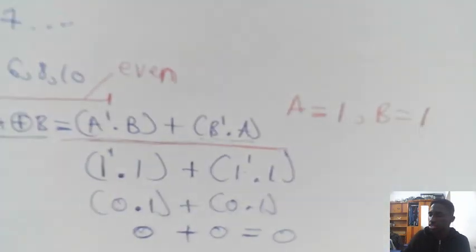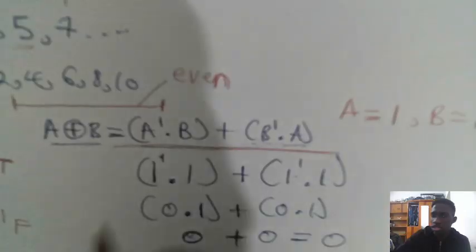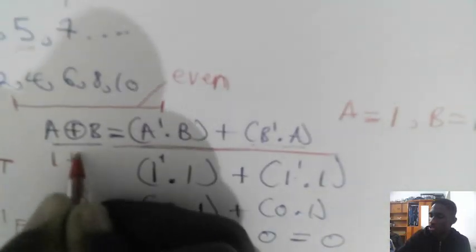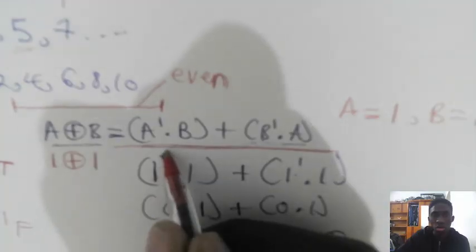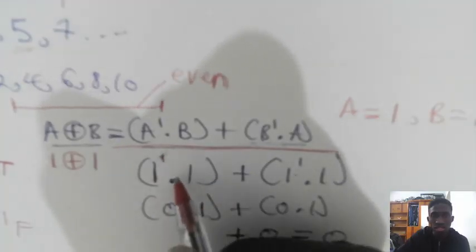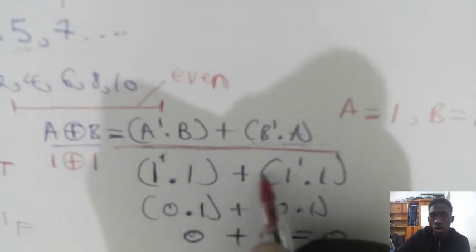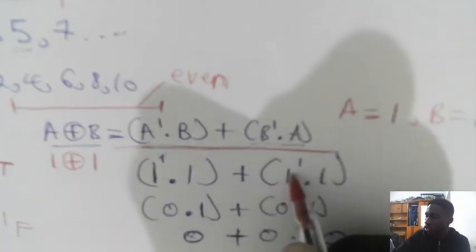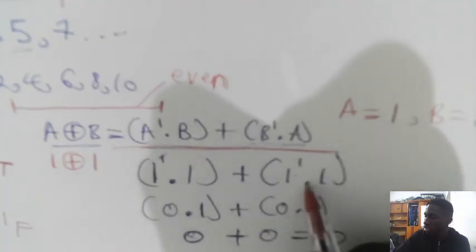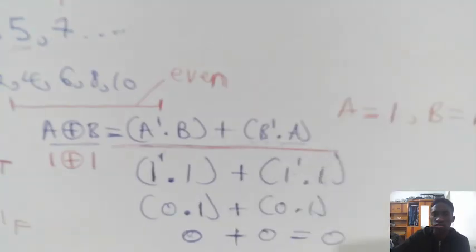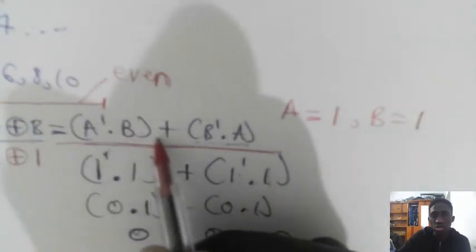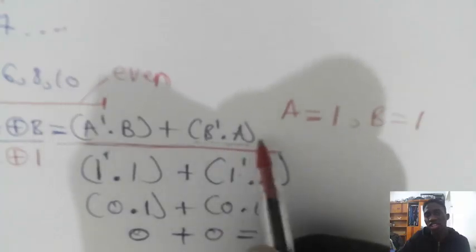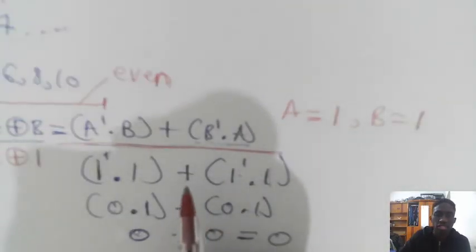So let's test A exclusive OR B, or 1 exclusive OR 1. This will be 1 complement and 1, or 1 complement and 1. So A complement and B, or B complement and A. It's as easy as that.